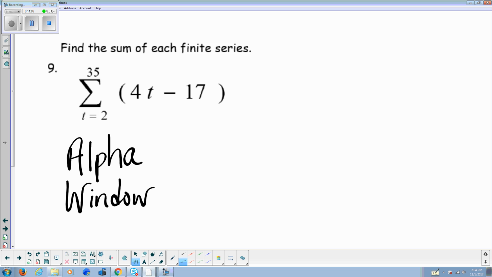Window is the second button on the top row. Alpha window, and then choice number 2 has got this Greek sigma. I feel like that might be a faster way to get it. If you like that, then use that. If you like looking under math, then use math. There's 2 right ways to get this on your screen.